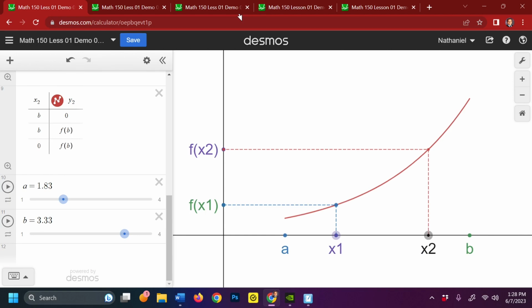And so right here we can see that f of x1 is indeed less than f of x2. So we can say this red curve for our function is always increasing from A to B.